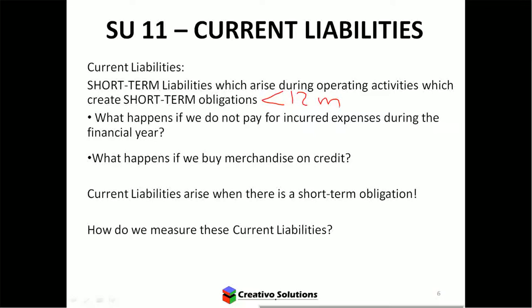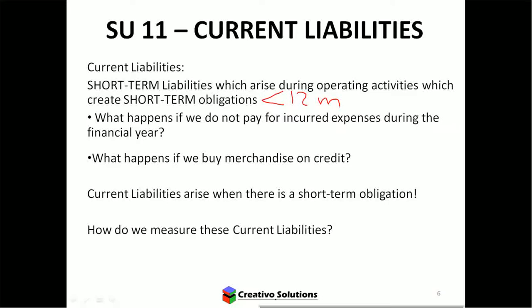Creditors. Do you agree? Merchandise purchased on credit is going to give rise to creditors. Whenever you buy goods on credit, you're always going to have a creditor because there's an obligation to pay back in the future.